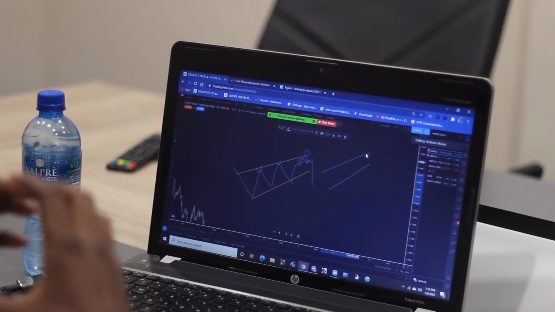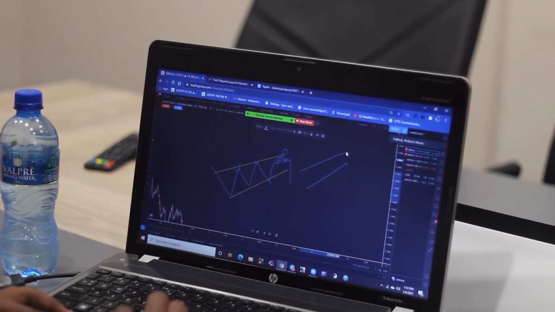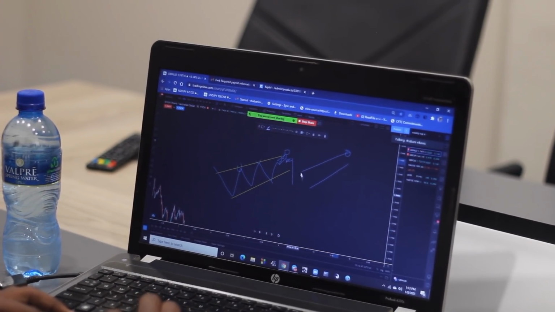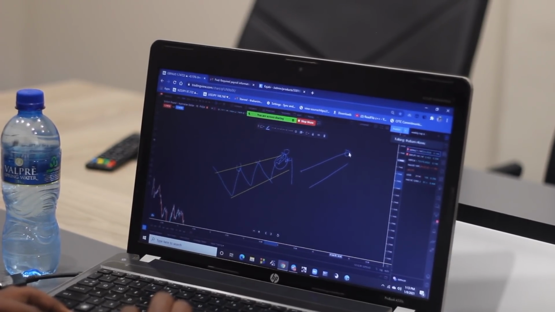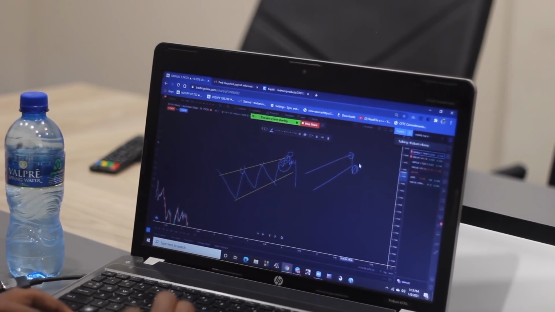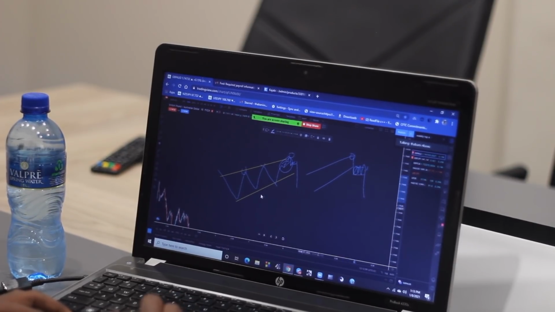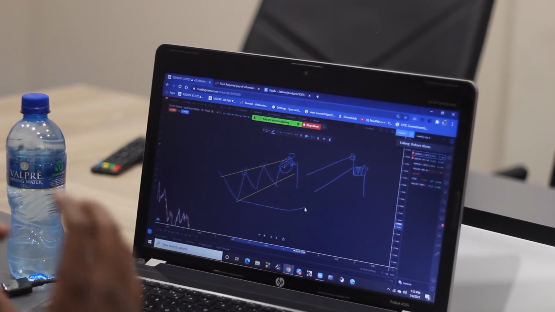Say we are inside the smaller pattern that has been formed. Here at the third touch of this smaller pattern, this is where you take a trade to the downside, or you take it at the breakout once it has formed commitment to the downside, and then we target our 90% rule.